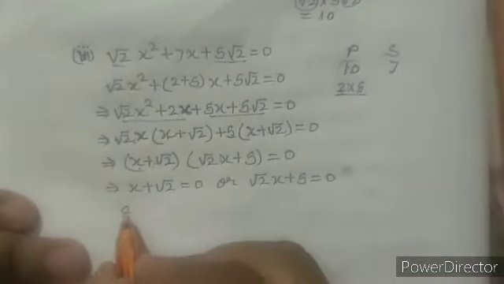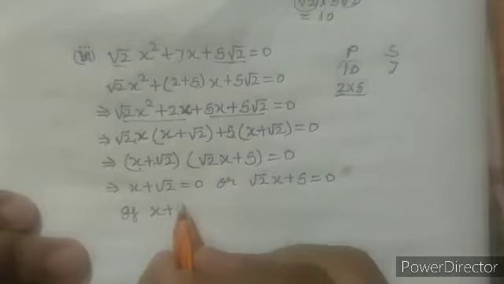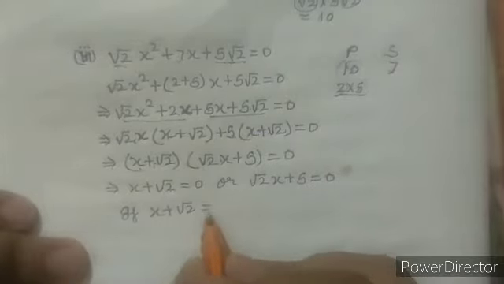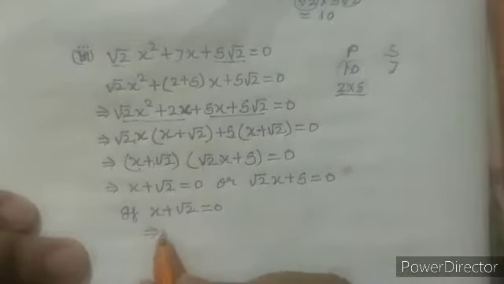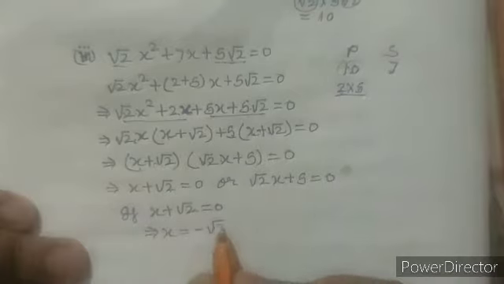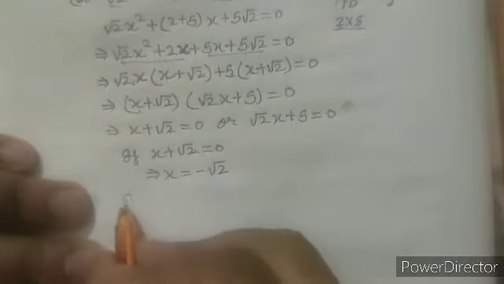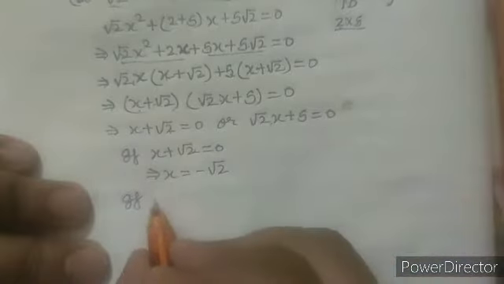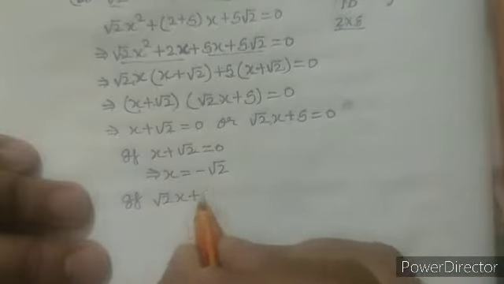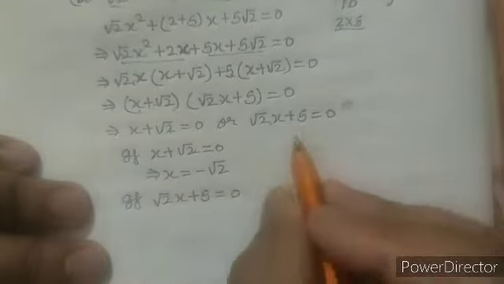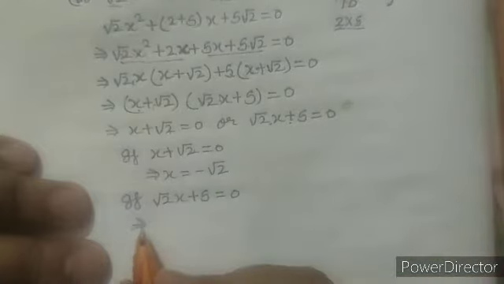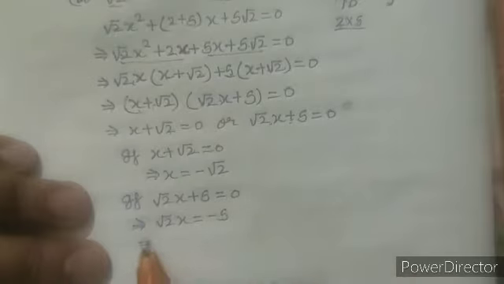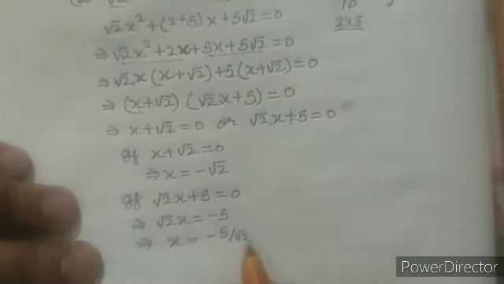Now if x plus root 2, this first one, is equal to 0, then we will get x equal to minus root 2. And if the second factor, root 2x plus 5, is equal to 0, then we can say that root 2x will be equal to minus 5, and from this we will get x equal to minus 5 upon root 2.